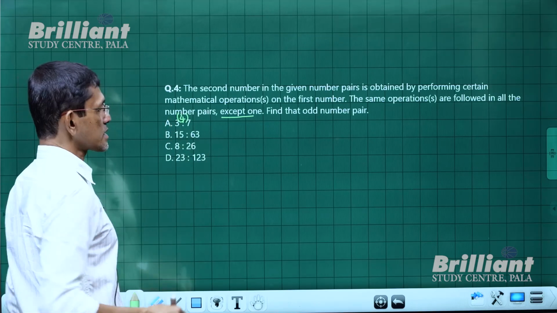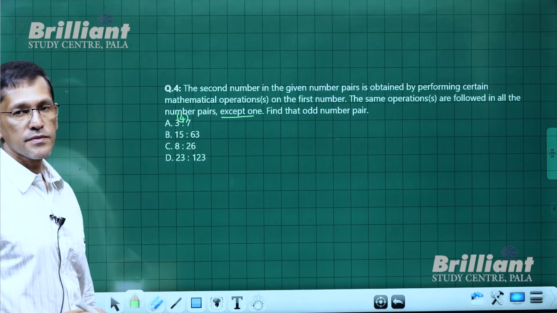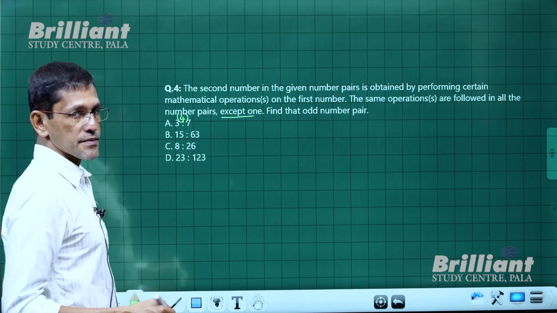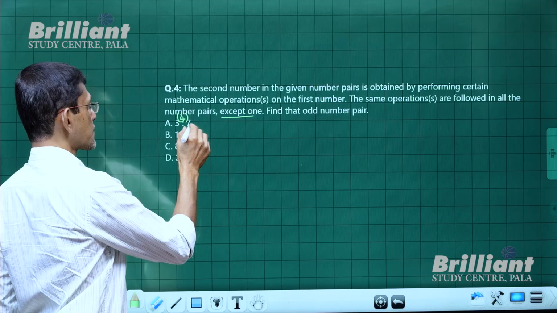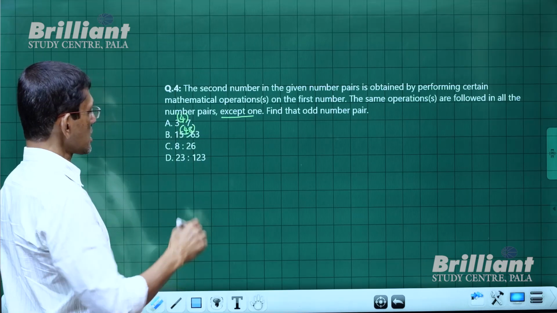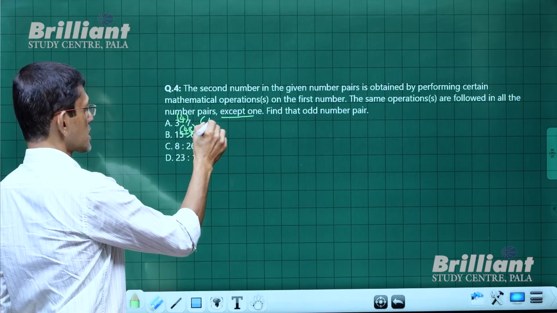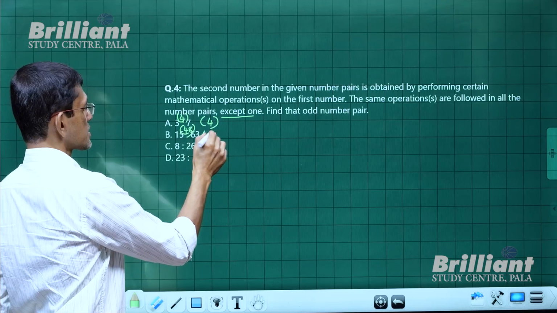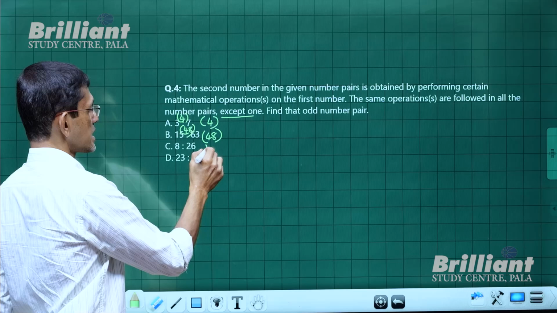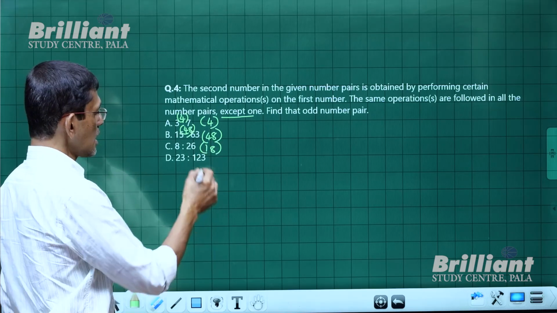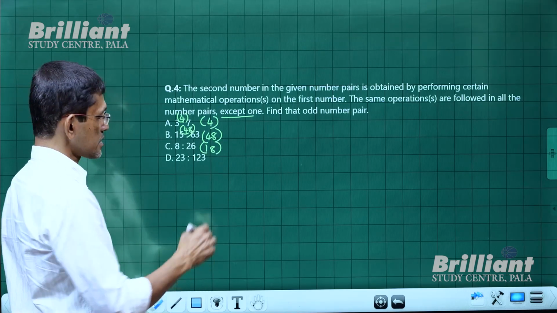And here 15 and 63, what's the difference? 48. So the difference is 48. Let me write it here so you get a clear idea. Differences are 4, 48. And here the difference is what? 18. And here the difference is what? 100.